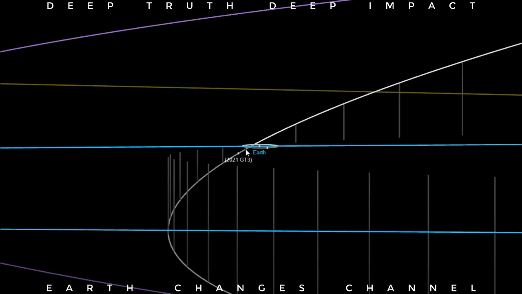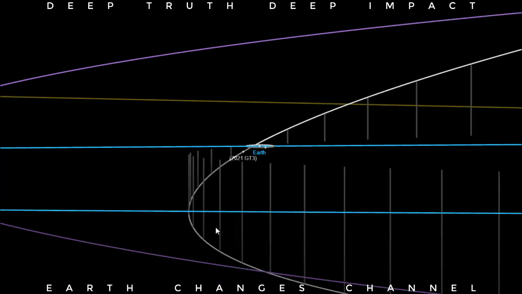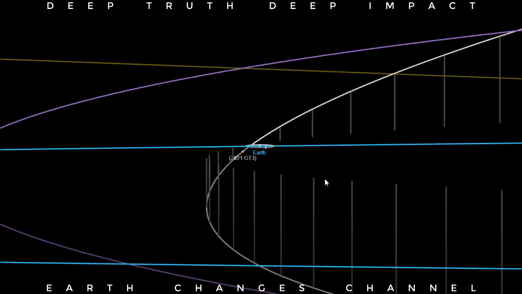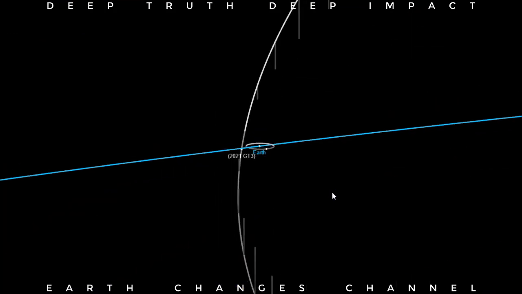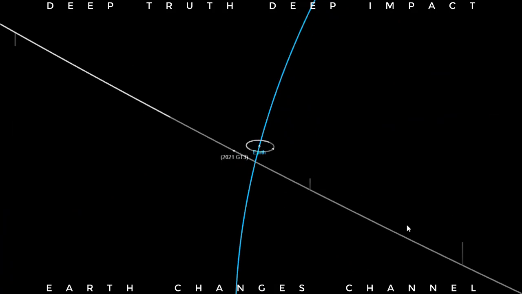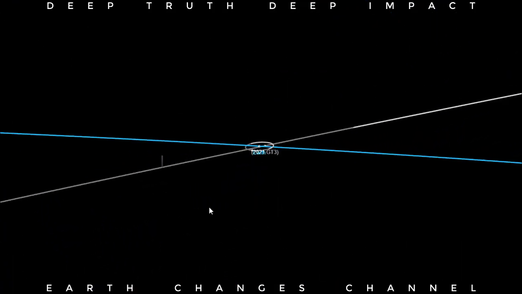Now once it passed the orbit of the Earth, notice these lines here. It was coming downward, and now it has changed. This is the ecliptic, like I was stating. This is the reference, and if you bring it up you can see what I'm talking about. I'm going to change the angle and see what it looks like.